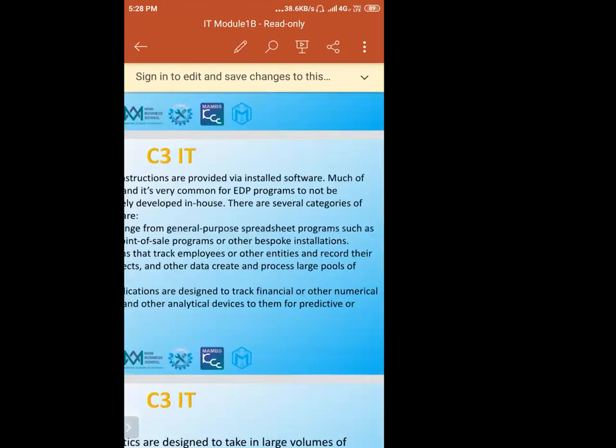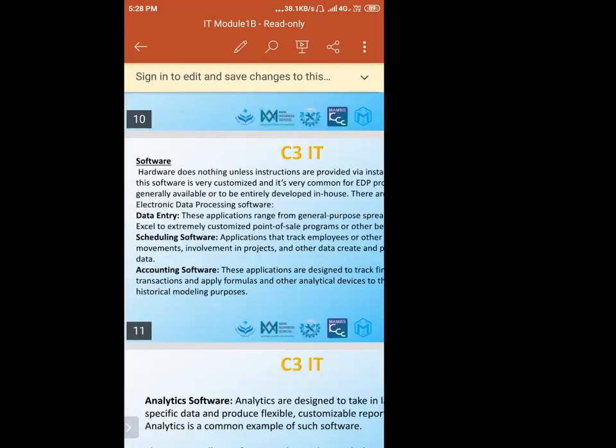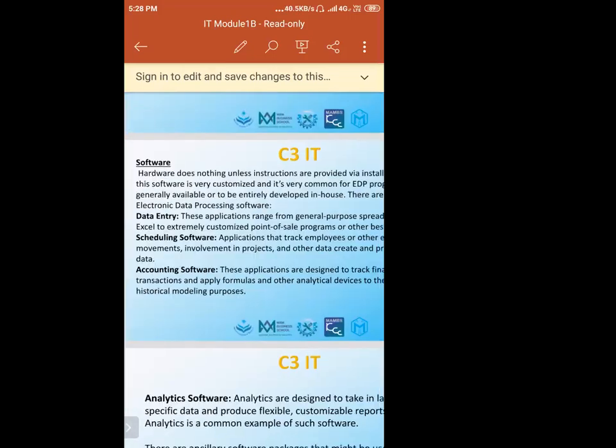Scheduling means we give a schedule to take the stock report every day at 9 p.m. For example, I am closing my office at 9 p.m. So I install the scheduling software to take the stock at 9 p.m. automatically. When 9 p.m. comes, automatically the software will take the stock report. We can make a scheduling.